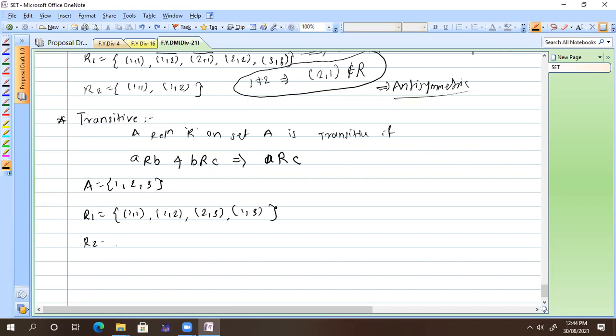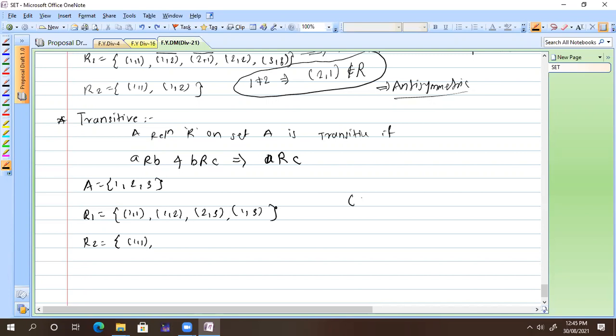No, sir. Why? Because we have (1, 1), (1, 2), but we don't have (2, 1). Why do we need (2, 1)? Tell me which element you have.